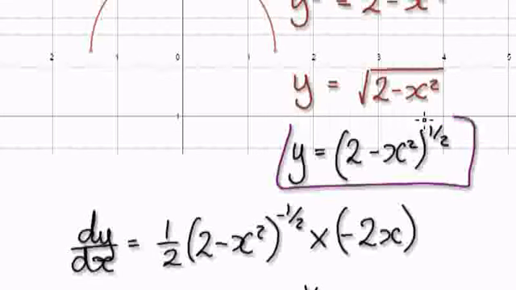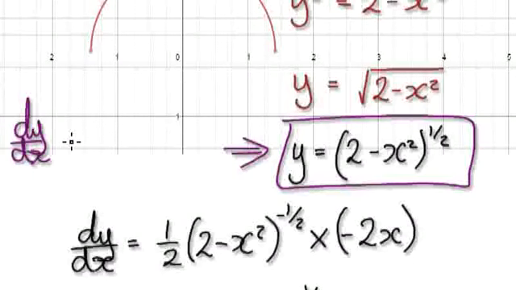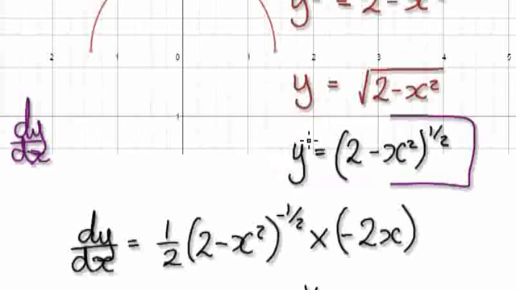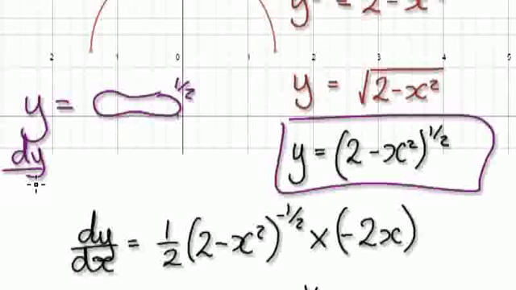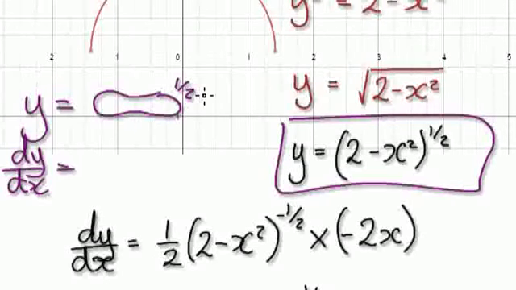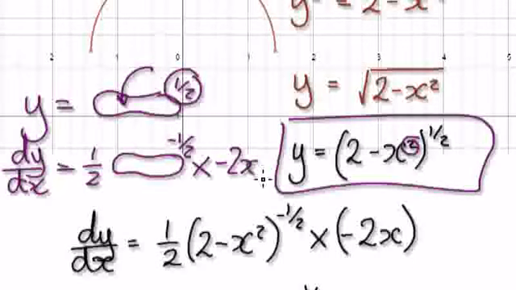From here, we would need to use the chain rule. So visualize it as y equals a bubble to the power of a half. dy by dx would be, using the chain rule, a half, bubble intact, and then this bit gets minus 1, so it'd be minus a half, and then we've got to times it with the differential of this bubble here, which will be minus 2x.